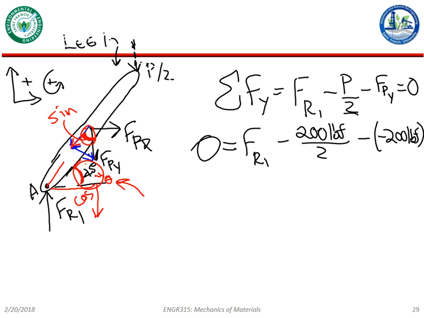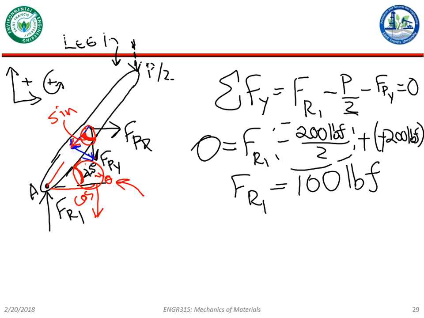No, you don't get 0. This becomes a positive 100. It's not, because you move this guy over to the other side. Or move FR1 over and then multiply by negative 1.